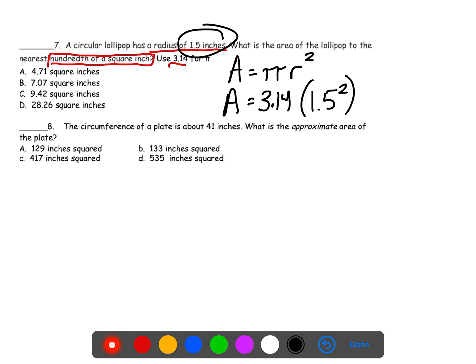And when I do that math of 3.14 times 1.5 times 1.5, I get, let's see, let me write it over here, 7.065. Now, this is not the case for this problem because our answers are far enough apart that I don't really have to worry about rounding my answer.